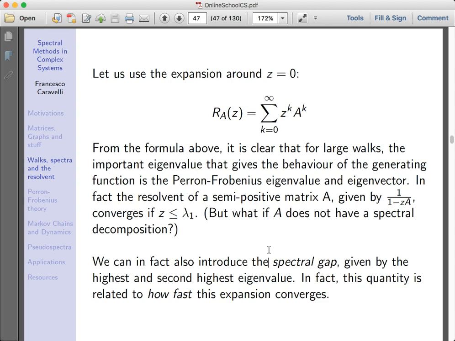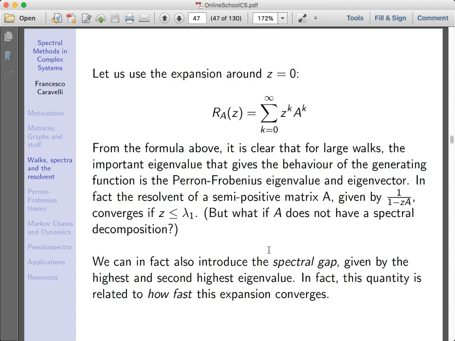And the fact is that the resolvent is always a semi-positive matrix. So this implies that in order to characterize the convergence of the random walk, it is basically the first eigenvalue that matters, for a simple reason: you can always divide the matrix by the first eigenvalue, and the other eigenvalues are going to be less than 1 and go to 0.